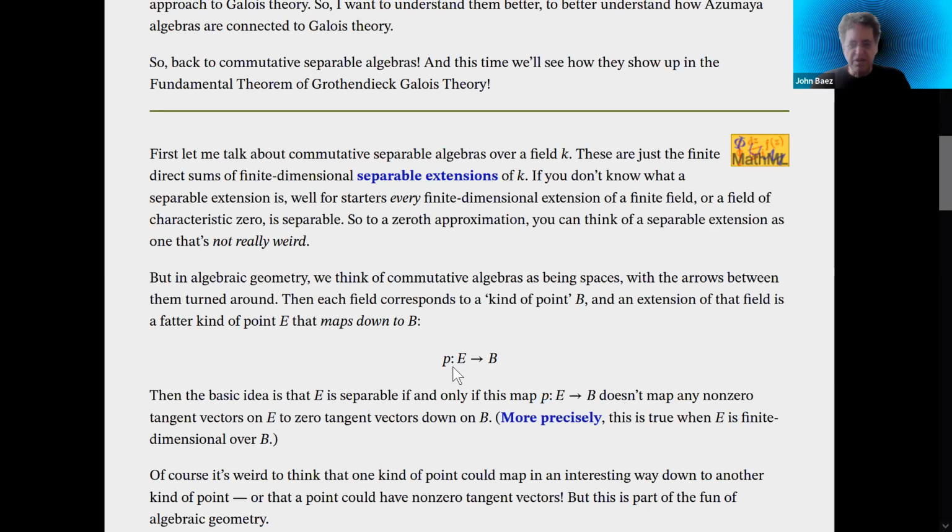You can think of the affine schemes of them, and they're pointing in the opposite direction. A field extension is separable if this map has a nice geometrical property, which is that it doesn't map any non-zero tangent vector to zero. So you can think of E as a kind of space over B, and tangent vectors on E will get mapped down to tangent vectors on the base.